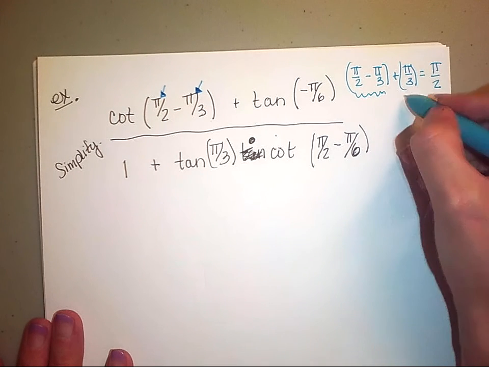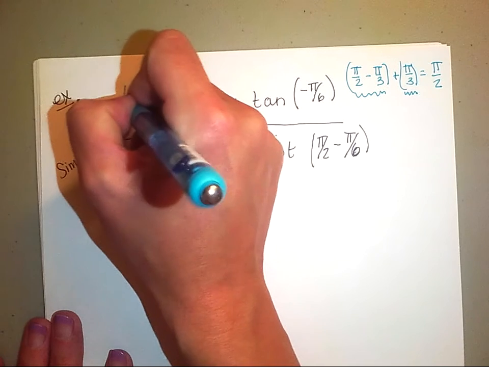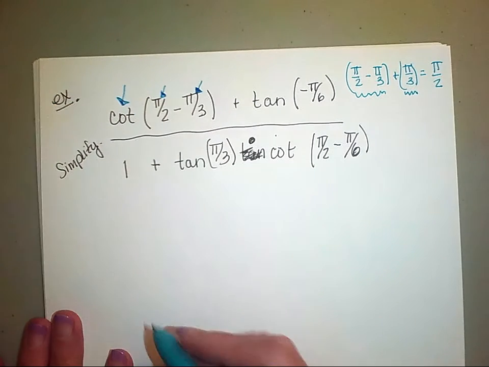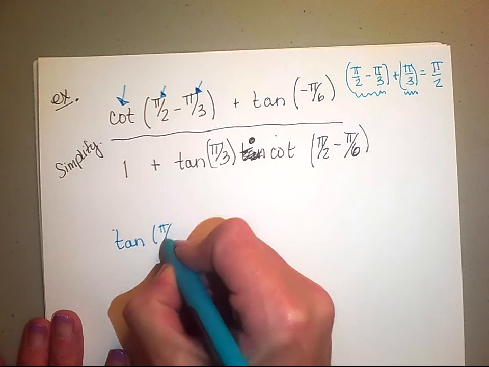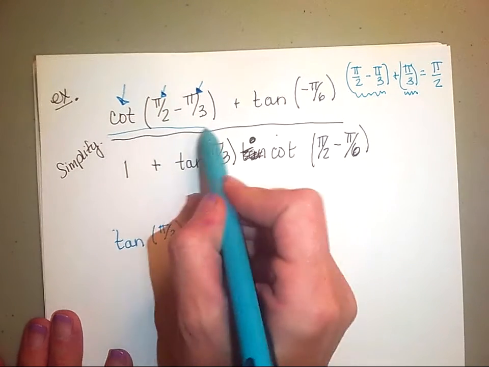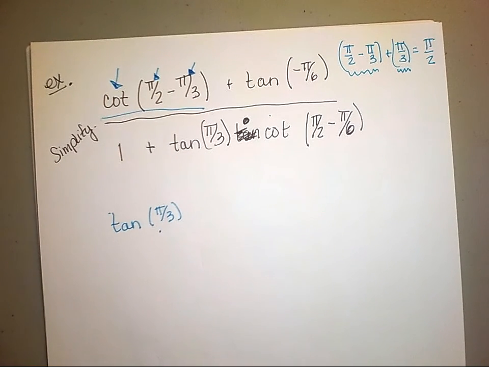So this angle and this angle are complementary. Then I know that the cofunction of cotangent is tangent. So this has to be equal to the tangent of pi over 3, all of this, by the cofunction identity.